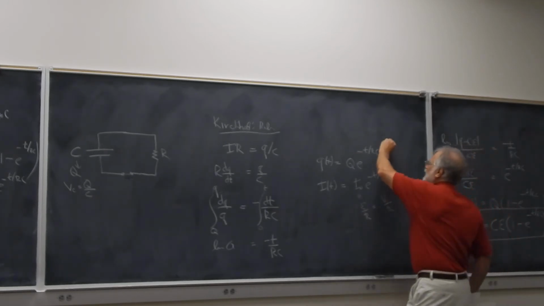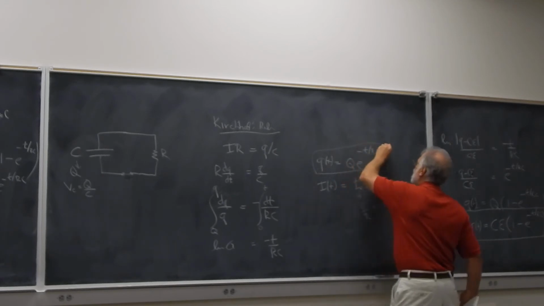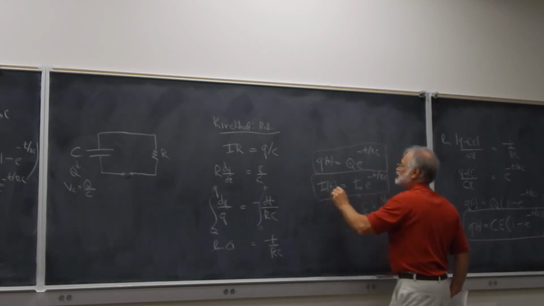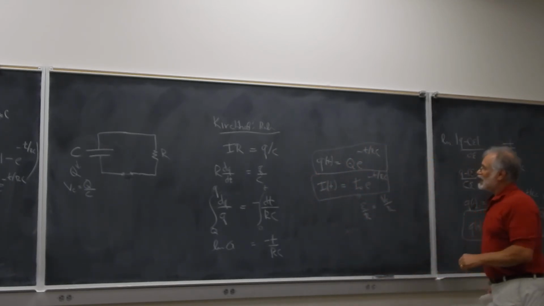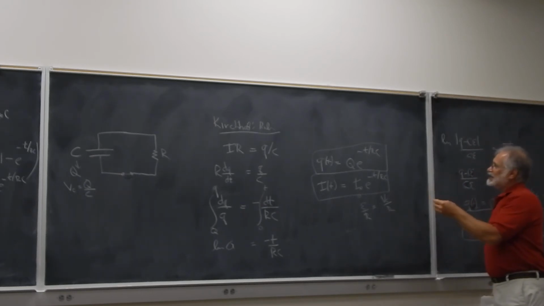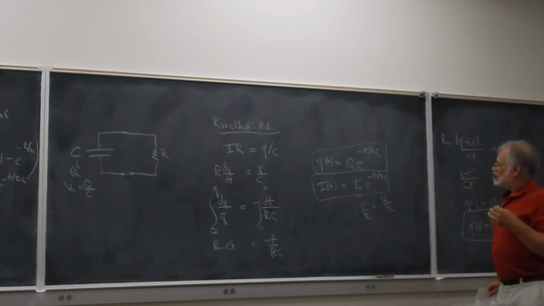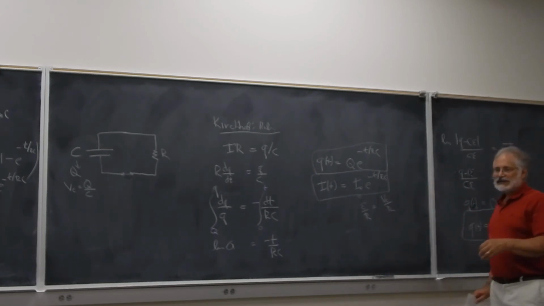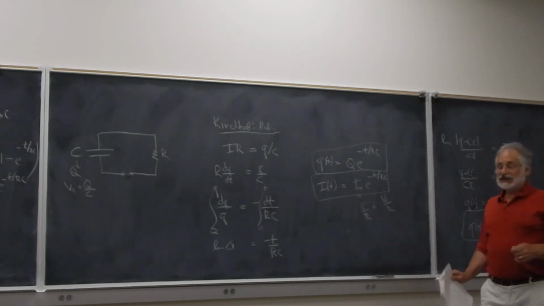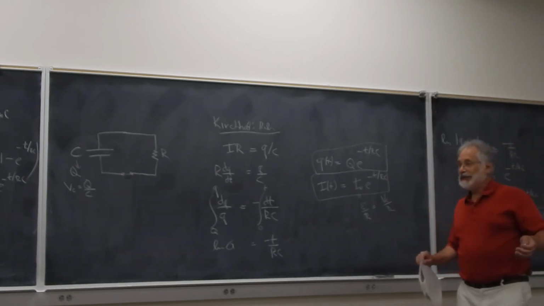So you can see in the discharging case, the charge on the capacitor decreases exponentially, as does the current going through the circuit and through the resistor. And of course, the question is, where does the energy go?